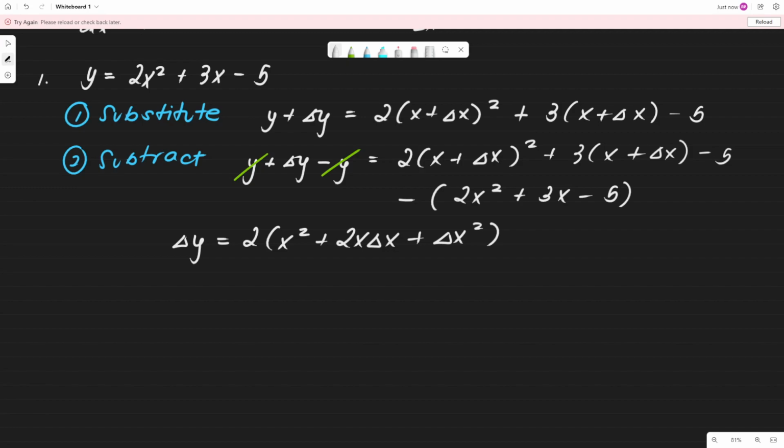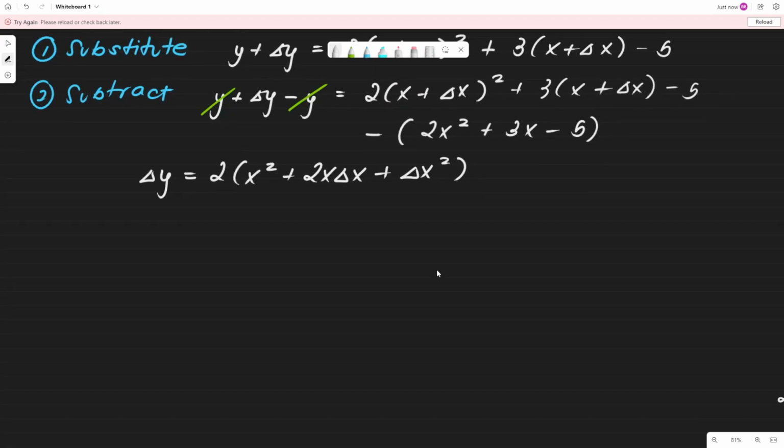Square of a binomial, no? So, the square of the first and the second term, then twice the product of the first and the second term. No, so we have plus, distribute na natin, 3x plus 3 delta x minus 5. Tapos distribute na natin to, no? Minus 2x squared minus 3x plus 5. So alternate signs lang kapag nagdi-distribute tayo ng negative.